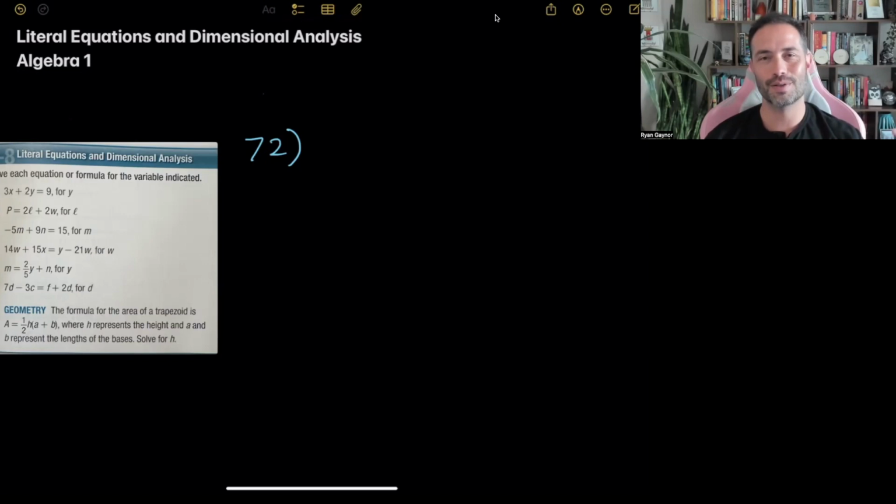Here we go. Let's do it. So we're going to do the even numbers. We're going to start with number 72. So literal equations. Solve each equation or formula for the variable indicated. So what they're doing here is they're giving you equations with a bunch of variables. So we're not going to get something like y equals 5.